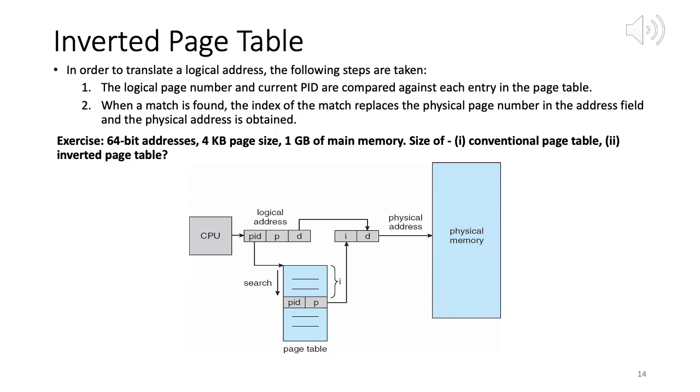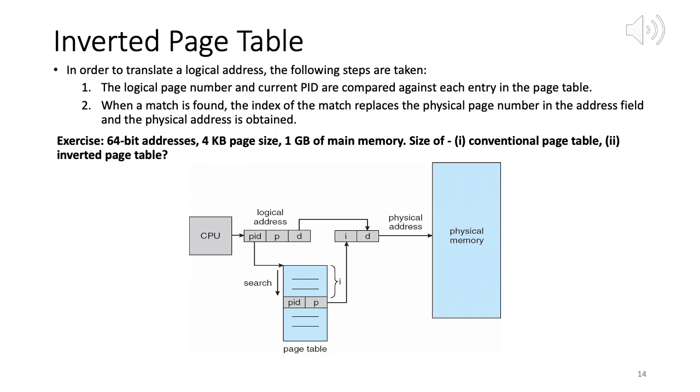Since this is an inverted table, the entry contains, instead of a physical frame, a virtual page. So the logical page number P and the current PID are compared against each entry in the page table. When a match is found, the index of the match replaces the physical page number in the address field and the physical address is obtained.